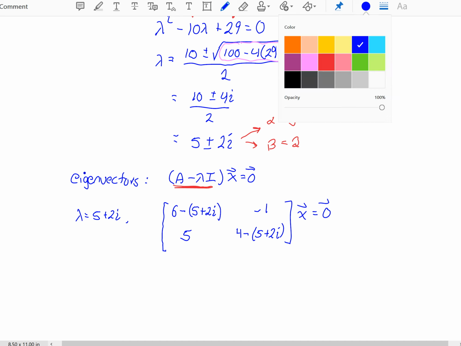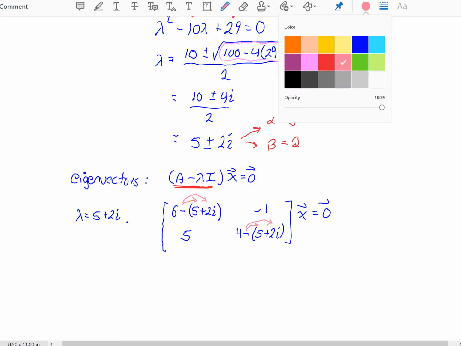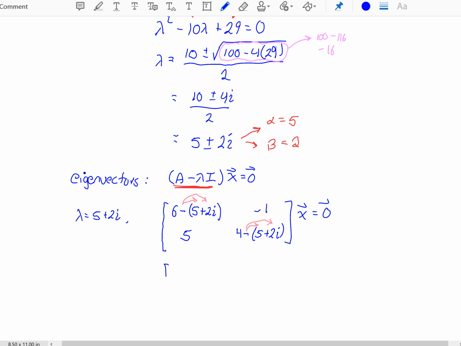Now, because we did use those parentheses, let's remember to distribute the minus sign and combine like terms to simplify our matrix. So it would be 1 minus 2i, negative 1, 5, negative 1 minus 2i, times some vector x, which will have two components, equals the 0 vector.